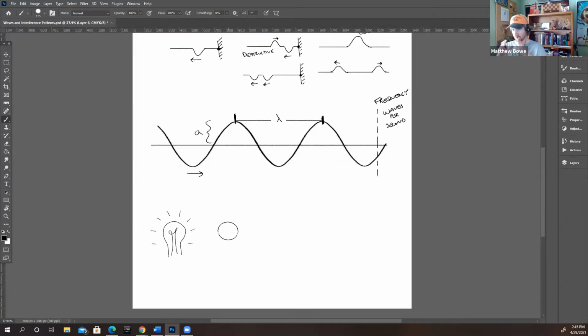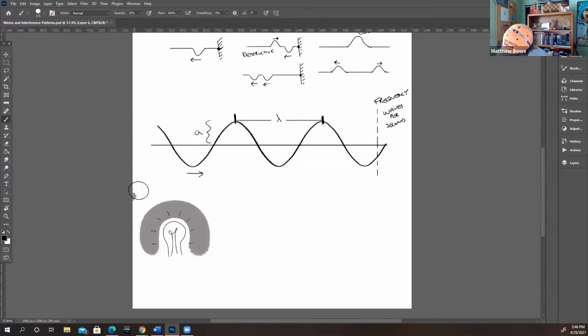So if I were able to zoom in on the space around this light bulb, we'd see the actual electromagnetic waves coming off of this in every direction. So it would look like this.